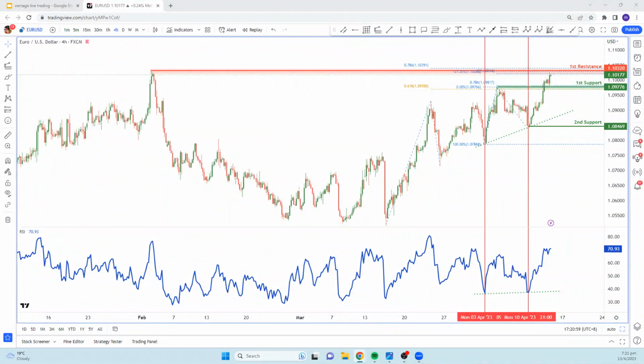Okay, if there are no questions, let's move on to pound dollar because I think we have a request for pound dollar. So let's go ahead and take a look at that.